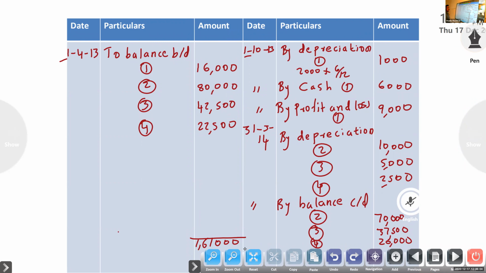Same problem only, we will do with the written down value method. Now next method, written down value method.